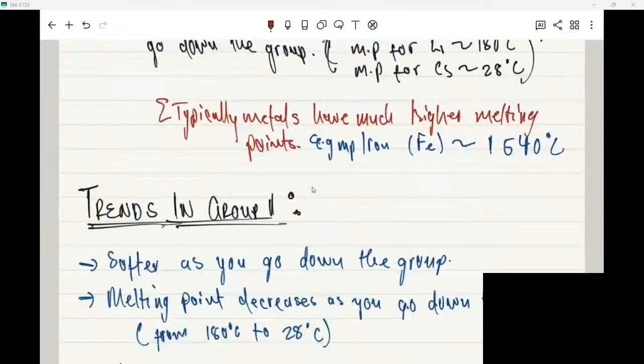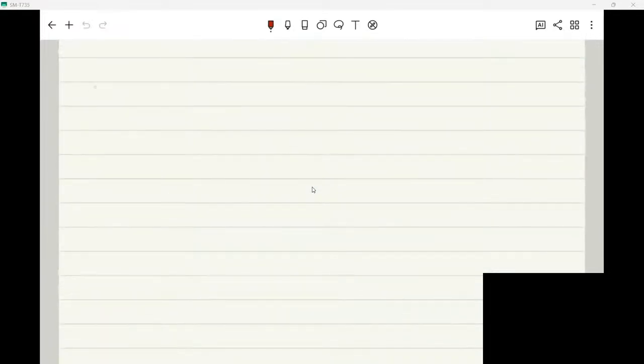Let me just talk about group 7 now. Halogens. So group 7, the halogens.